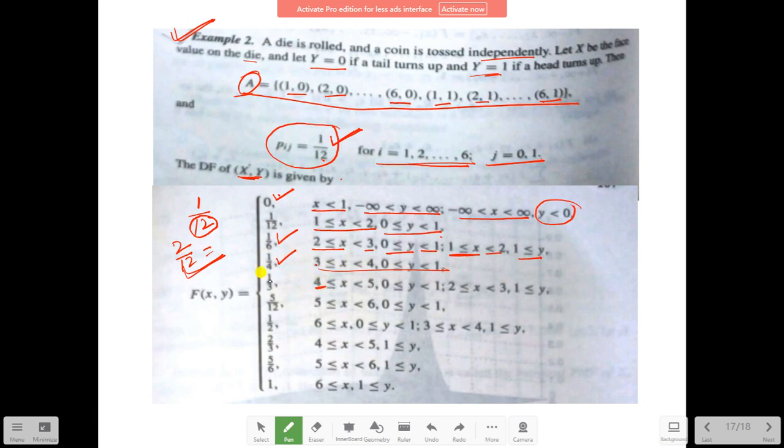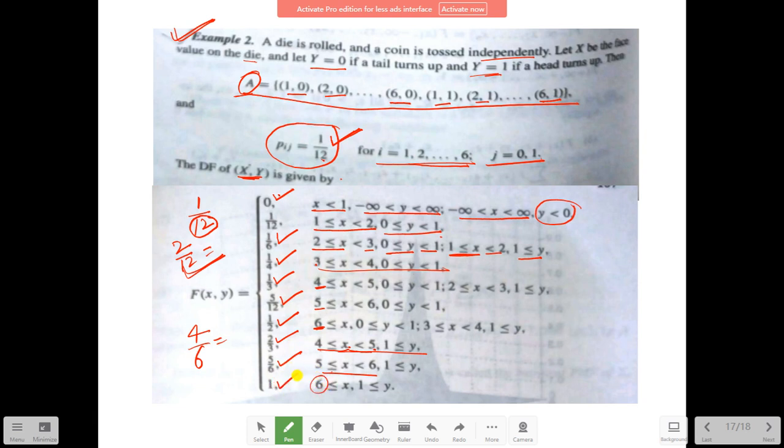Here 4 upon 12, this is 1 upon 3. Here 5 upon 12 is 5 upon 12. Here 6 upon 12 is 1 upon 2. And in that case, because y is greater than or equal to 1 and x is greater than or equal to 4 and less than 5, this will be 4 upon 6. So in that case this is 2 upon 3, and here 5 upon 6, and here 6 upon 6, so this is equal to 1.